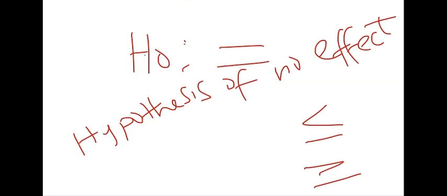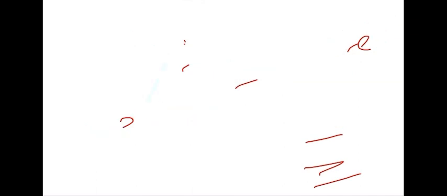I told you the other time that when we are testing hypotheses, we want to test, is there an agreement between observation and reality? If there's an agreement between them, then the null hypothesis is true. And that's why it's always going to be the equality sign. Even though some textbooks can put less or equal to, greater or equal to, they just put it in for emphasis.